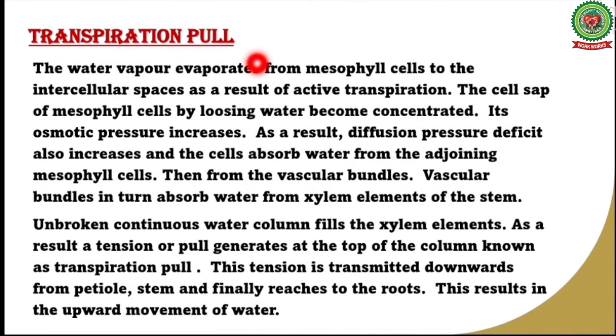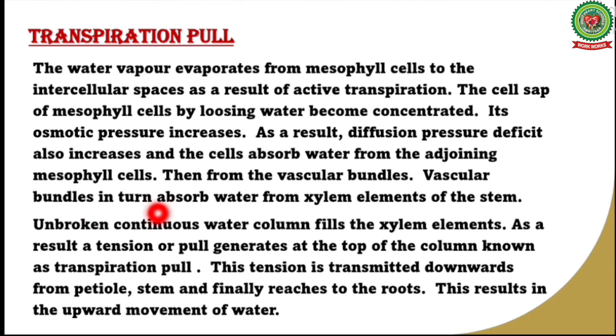Next is transpiration pull. Water vapor evaporates from mesophyll cells into the intercellular spaces as a result of active transpiration. The cell sap of mesophyll cells, by losing water, becomes concentrated. Its osmotic pressure increases. As a result, diffusion pressure deficit also increases and the cells absorb water from the adjoining mesophyll cells, then from the vascular bundles.